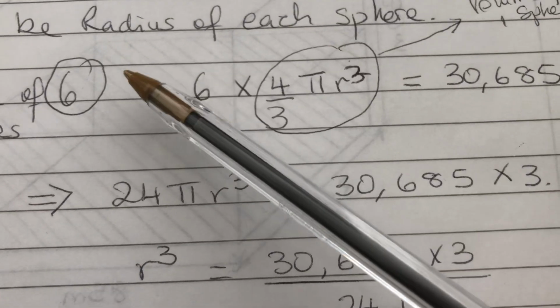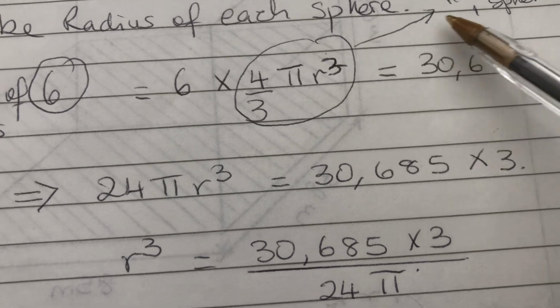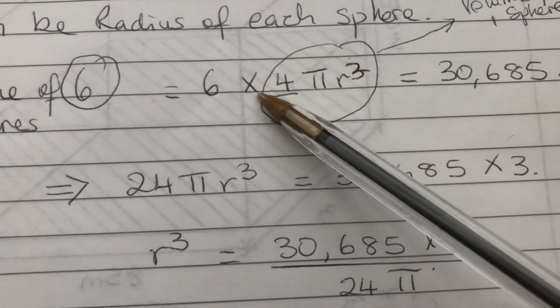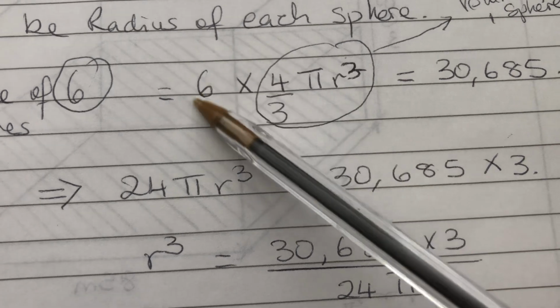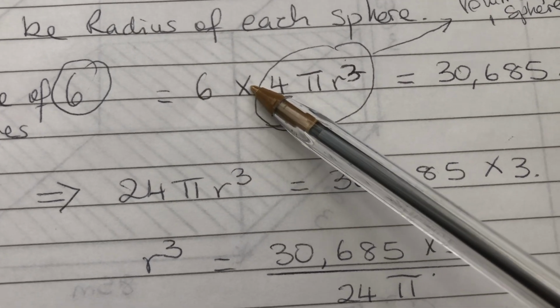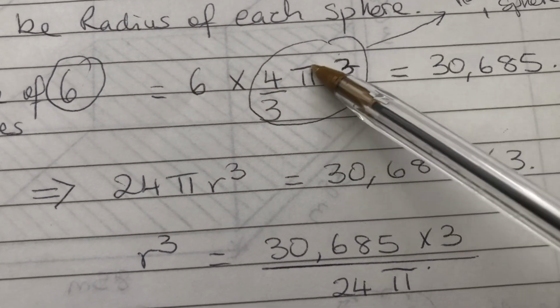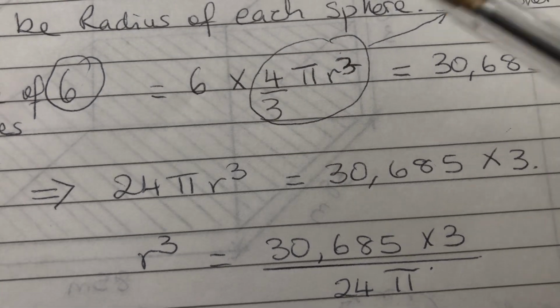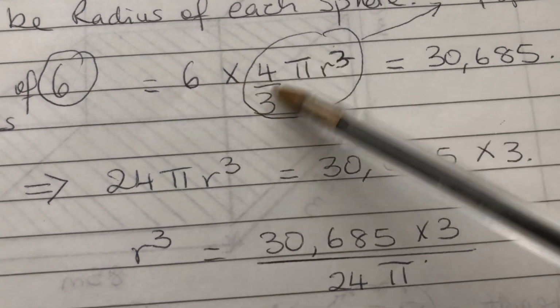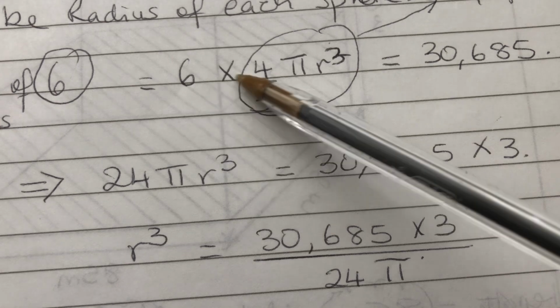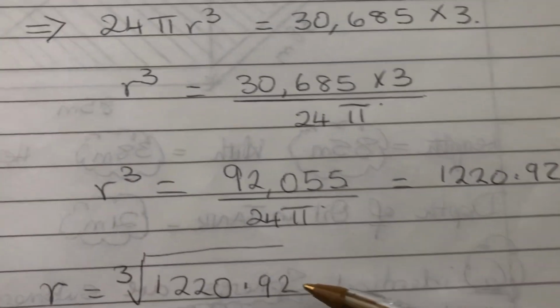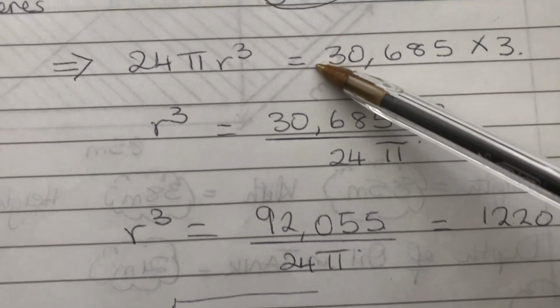Okay, so let R be the radius of each sphere. Straight away you could also find one sphere and divide by 6, but it's quicker to just multiply by 6 and get your answer straight away from the formula.